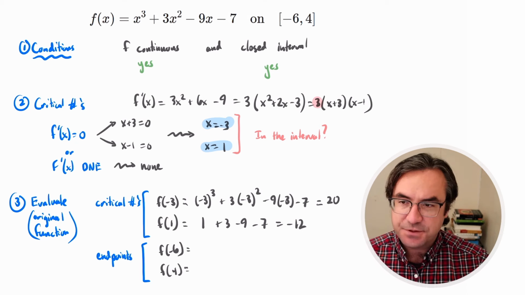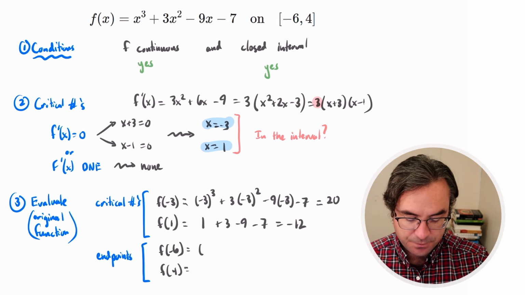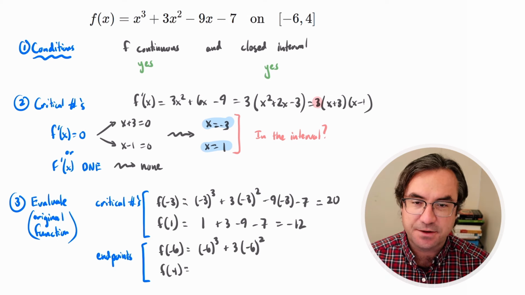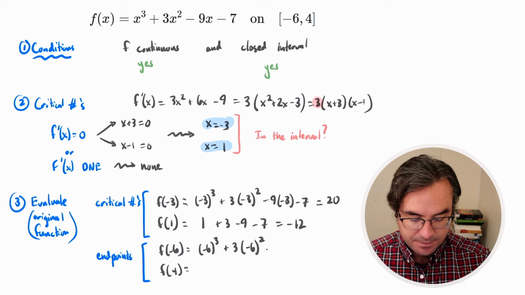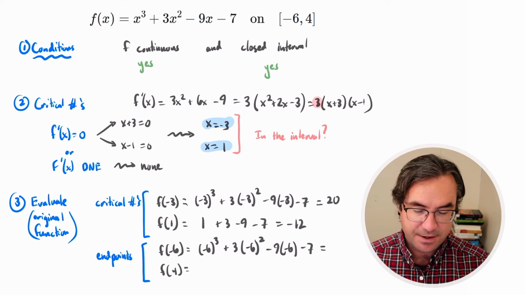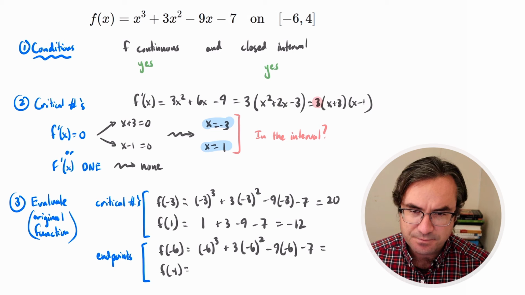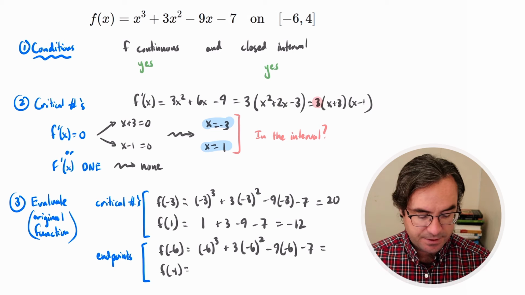And then negative 6 we plug in. With negative numbers, it's helpful to use parentheses. So we get negative 6 cubed plus 3 times negative 6 squared minus 9 times negative 6 minus 7. If we simplify that, we get negative 61.